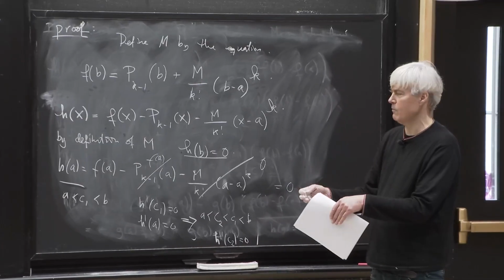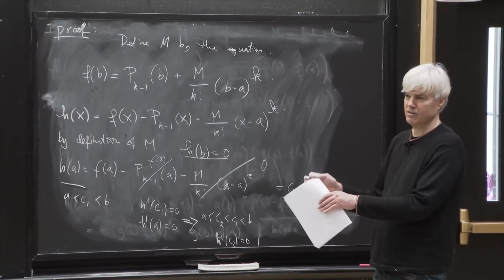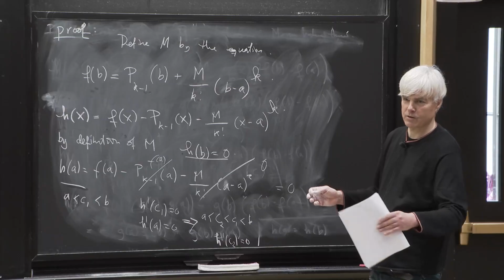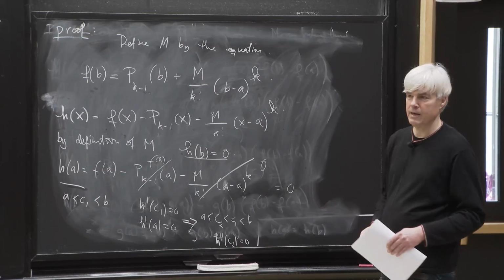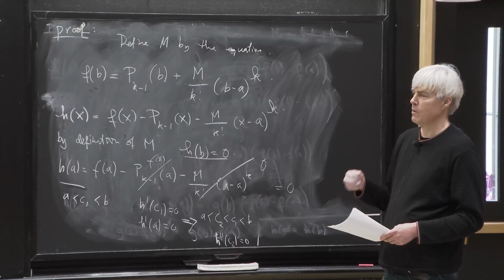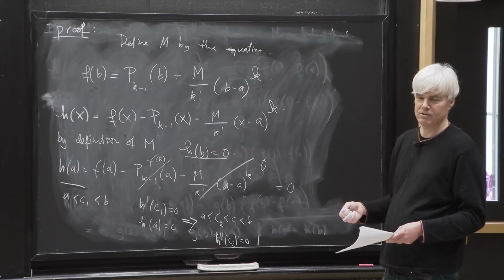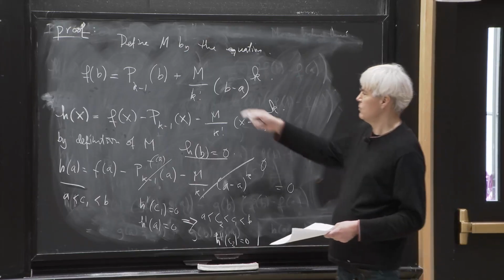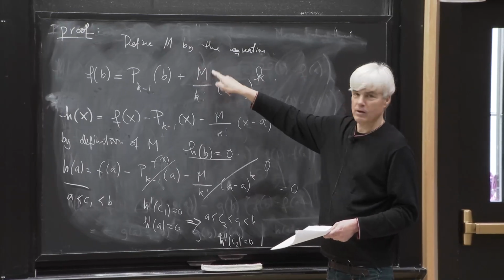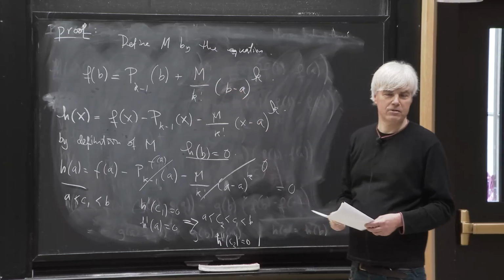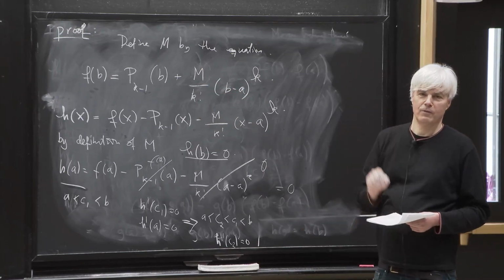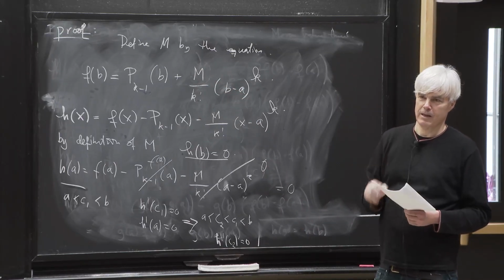Each time, the C is moving to the left, towards a. You apply Rolle's theorem k times, and eventually you get that this m is the k-th derivative of the original function at this point.